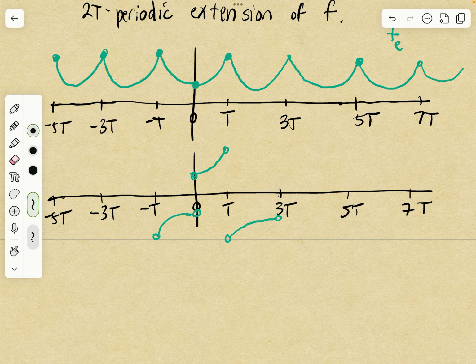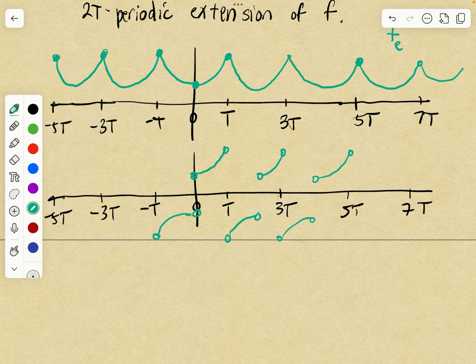Oh, no, not like that. Like this. Okay, so these are the values at t, 3t, 5t, 7t, and then at 4t, it's here, and at 6t, it's here, and at 2t, it's here.